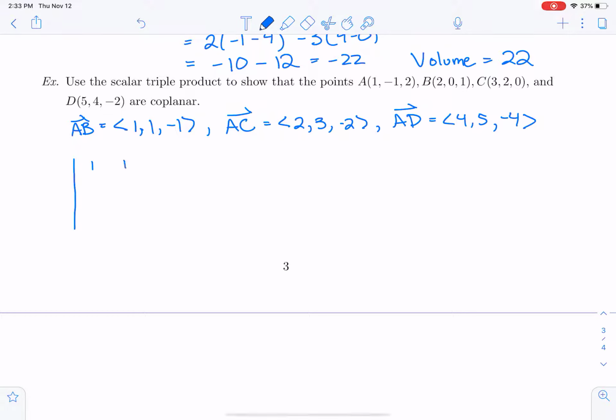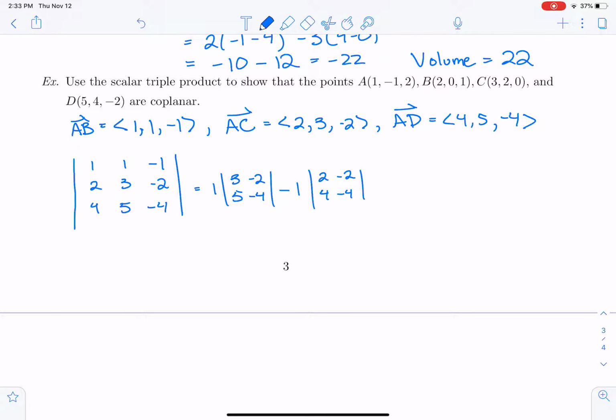So 1, 1, negative 1, 2, 3, negative 2, 4, 5, negative 4. So this is equal to 1 times the determinant of 3, negative 2, 5, negative 4, minus 1 times the determinant of 2, negative 2, 4, negative 4, and then minus 1 times the determinant of 2, 3, 4, 5.